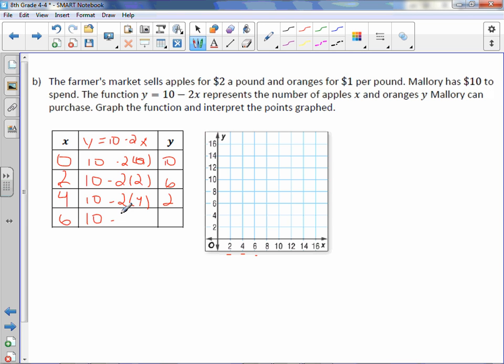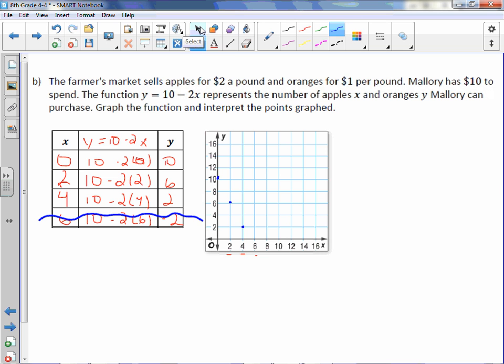And 10 minus 2 times 6 is negative 2. Similar to the previous problem, you can't buy a negative amount. Okay, so that one we can eliminate. And now let's plot the points that are left. 0, 10, 2, 6, and 4, 2.